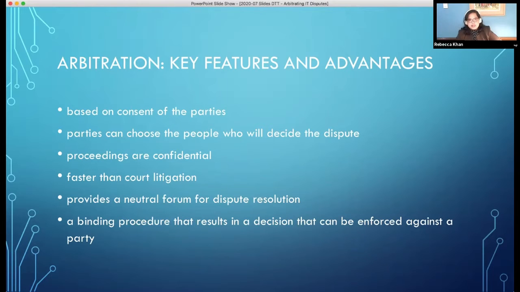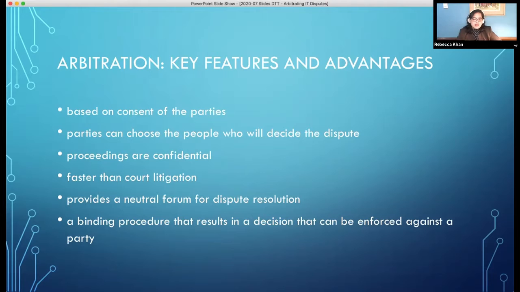That means that they have agreed to submit the dispute to arbitration, and this can happen in two ways. We already mentioned that government contracts require an arbitration clause that refers any potential disputes.